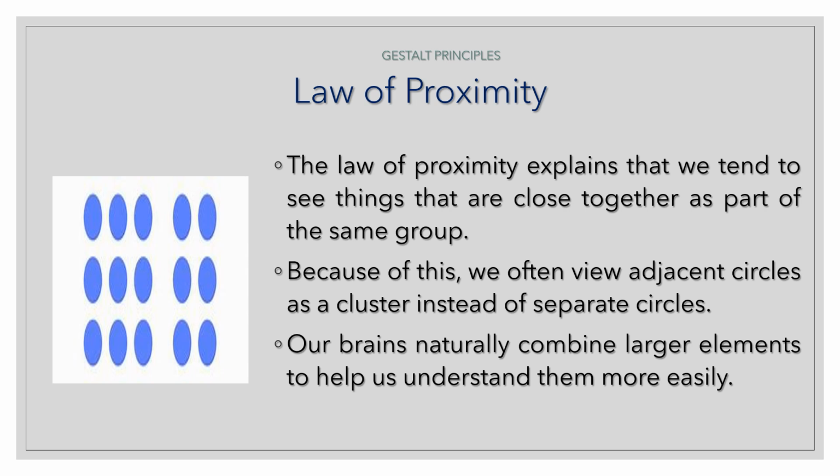You can see that 6 dots are separated by a space from other 9 dots. So you can perceive these 6 dots as one group, one figure, and 9 dots as another figure. Our brain naturally combines nearby elements to help us understand them more easily.